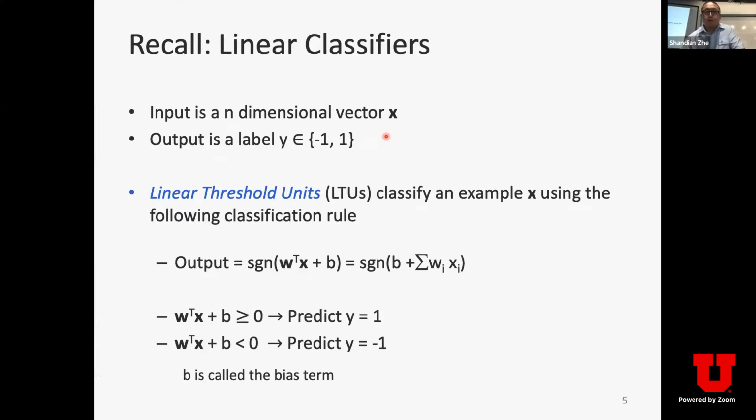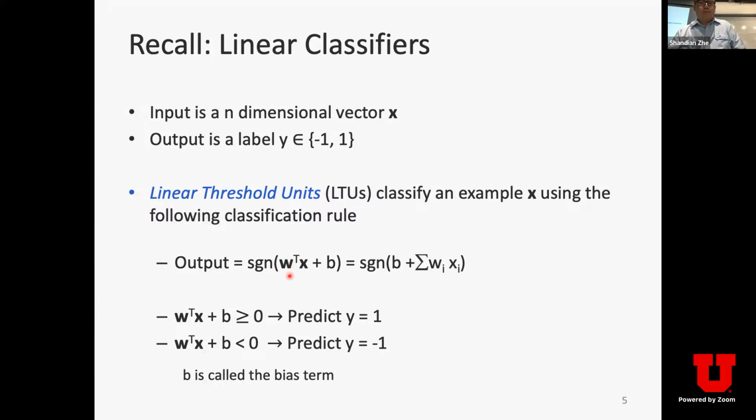Okay, so let us first recall the definition of linear classifiers. Here we assume we're doing binary classification. That means the output label is either -1 or 1, and the input is an n-dimensional vector x. Linear classifiers use the following rule for classification. We first compute a classification score.